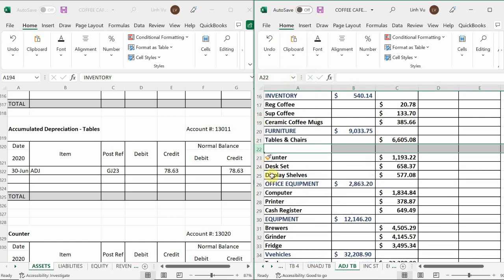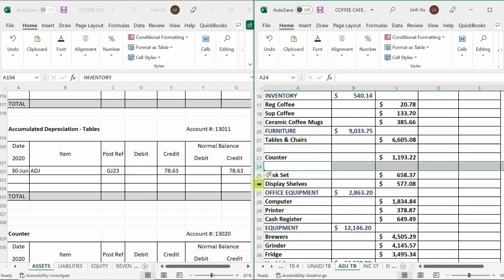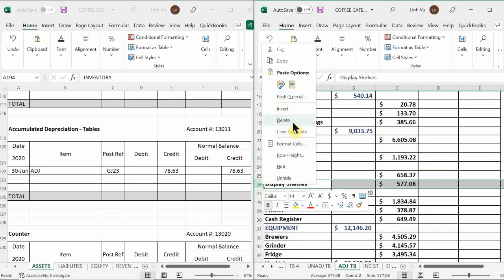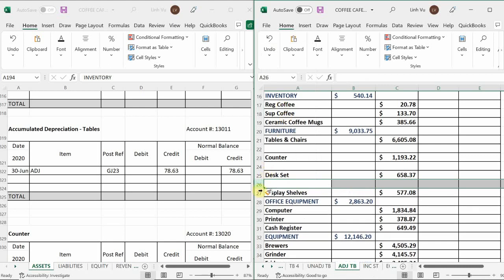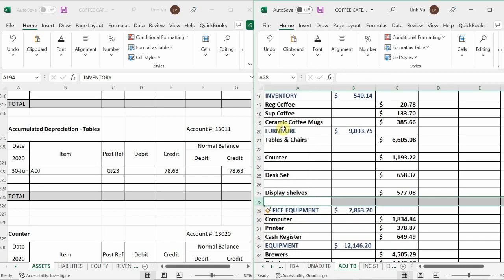Now, this is what you can do if you feel that it's much easier for you. You can do an accumulated depreciation for furniture. That's completely fine, because at the end of the day, it's all going to go against the furniture amount. But the way that you listed it out, it is individually.